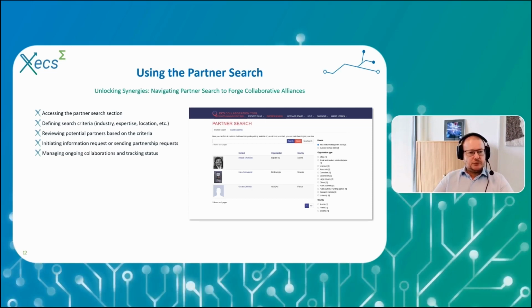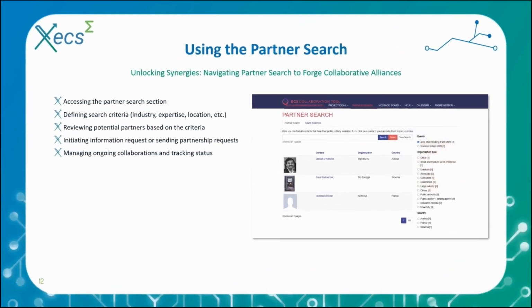So for instance, if a new partner enters the tool, you get an automated message. The contact information is not shared beforehand, but you can send a message requesting contact information, and then the person gets a message which he can accept, and if he accepts, then his contact information will be available for you to contact him directly.